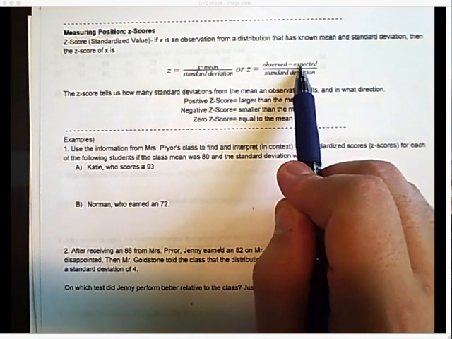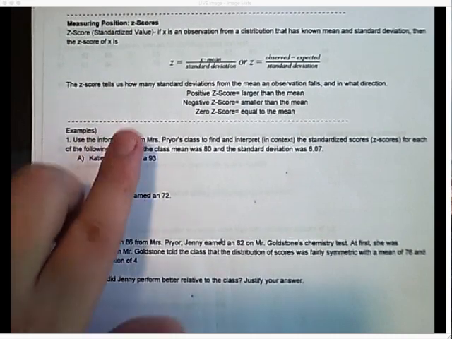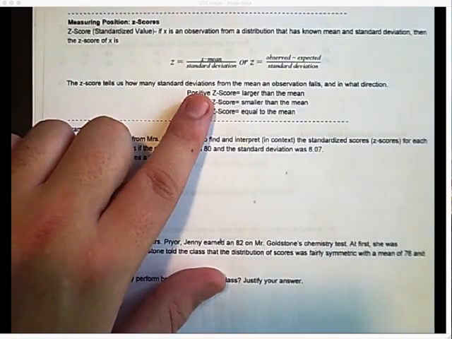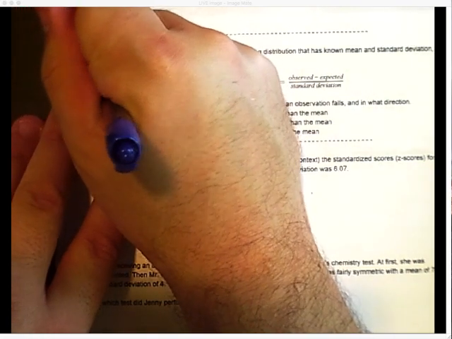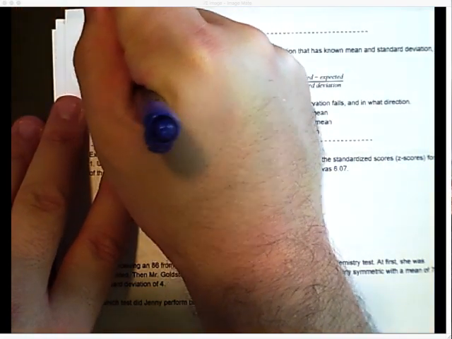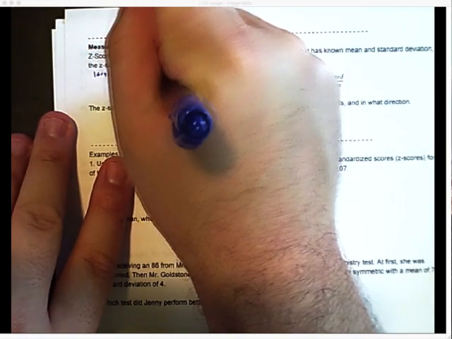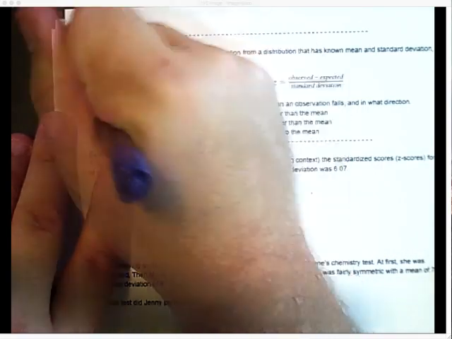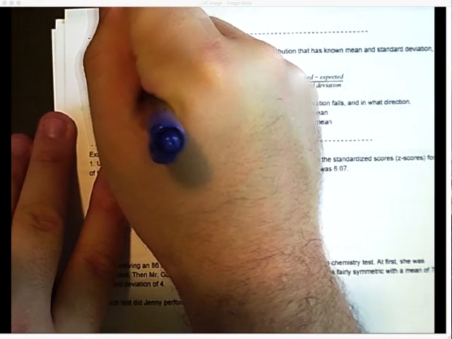Okay, or another way to think about that is observed minus expected over the spread. And the z-score tells us how many standard deviations from the mean an observation falls. So the bigger the number, okay, the farther it is away from the center. So the larger the value, the further that value is away from the mean.